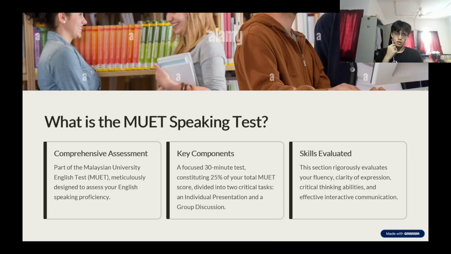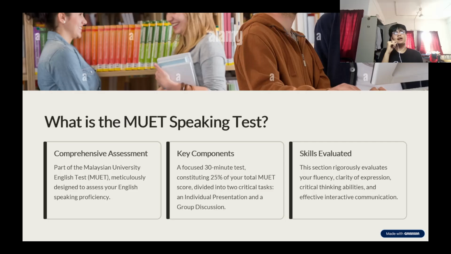All right. So, you may be wondering what the MUET speaking test is. Basically, it's a comprehensive assessment that is part of the Malaysian University English Test. If you want to enter, let's say, University of Malaya, University Technology Malaysia, UPM, or other universities in Malaysia, you have to use this.